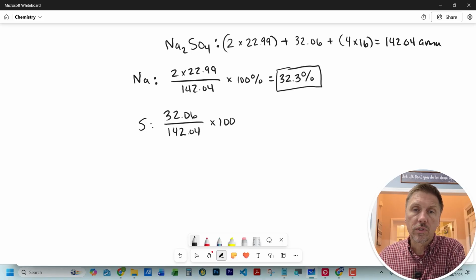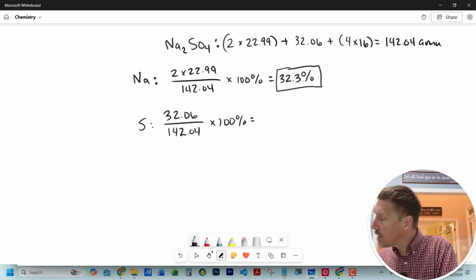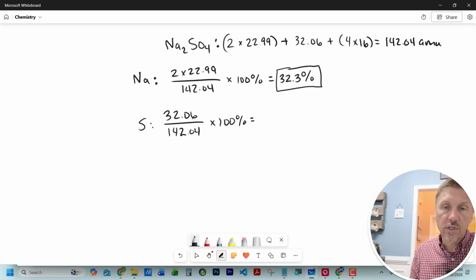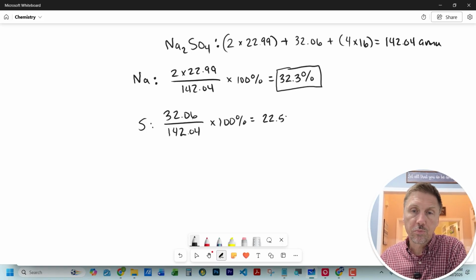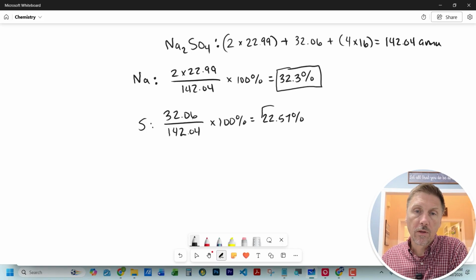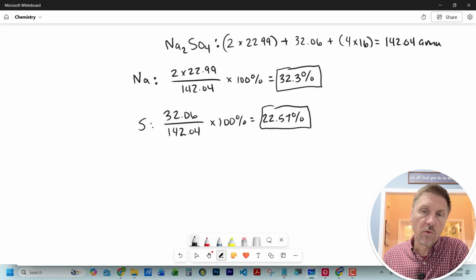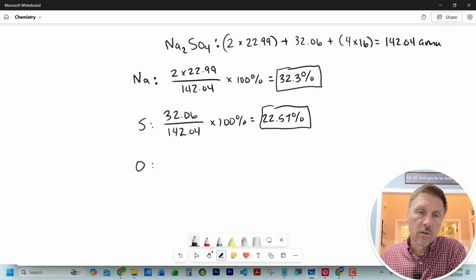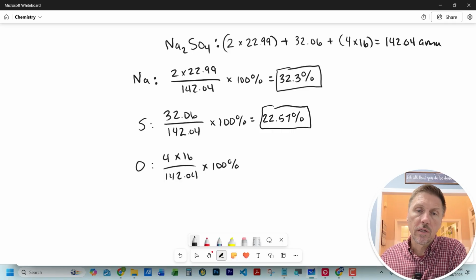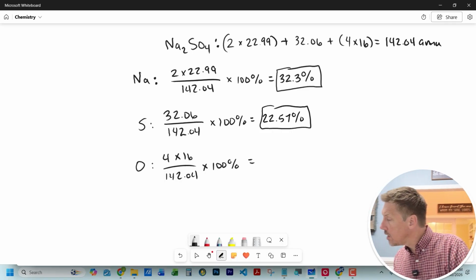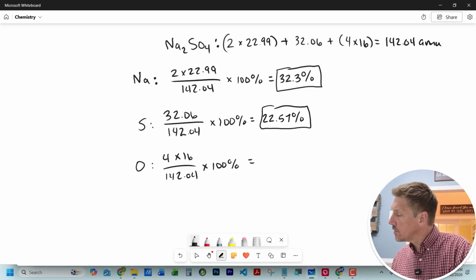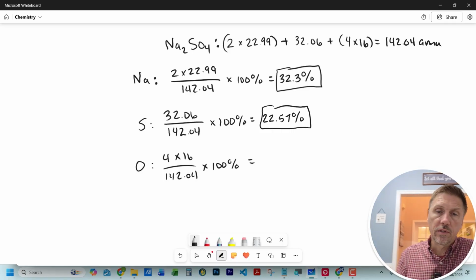Multiply that times 100%, and we get a value of 22.57%. And then finally, for the oxygen, we have 4 times 16 divided by the total, 142.04, times 100%, and that gives us a value of 45.06%.